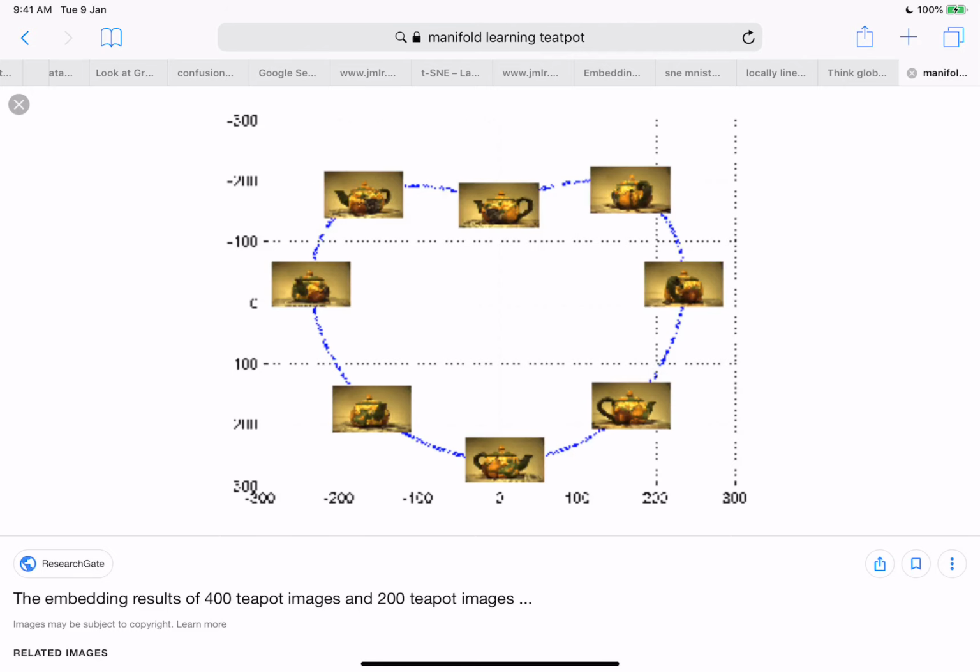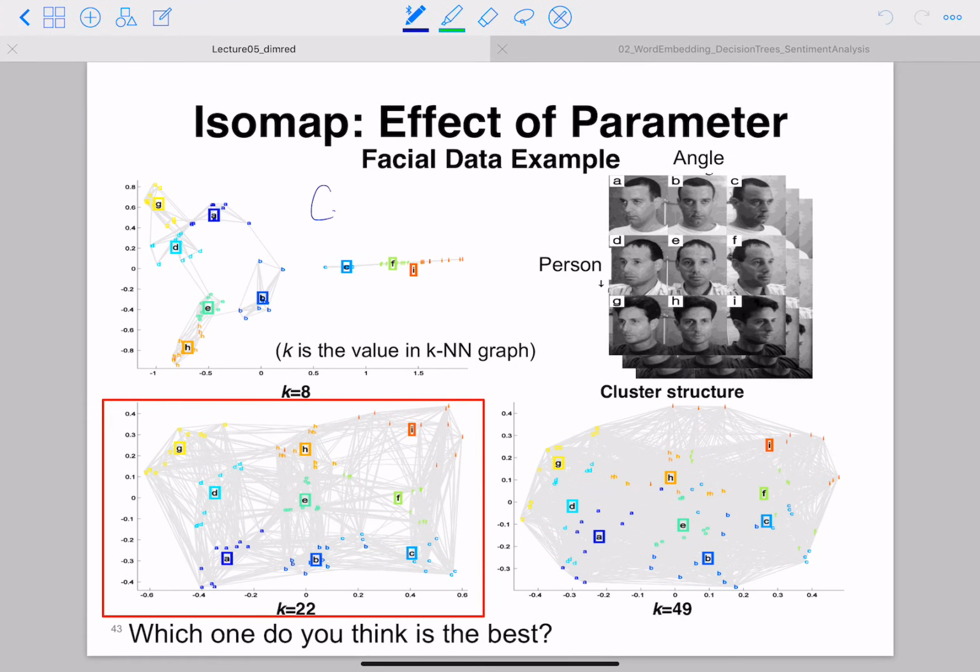there is an image data set called Coil 20. Does anyone know about this data set? You put a particular object, whether it is this laptop or iPad or something like that, and then you take a photo of it from a particular angle, and then you rotate it by a certain degree, and take the photo of it, and so on, right?